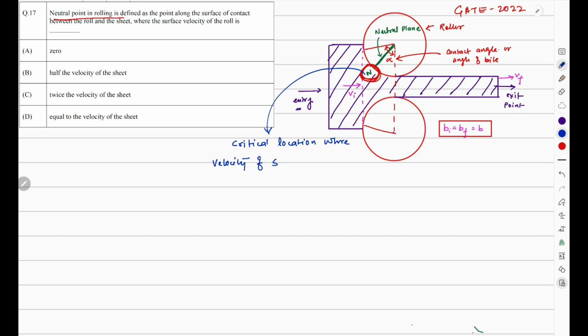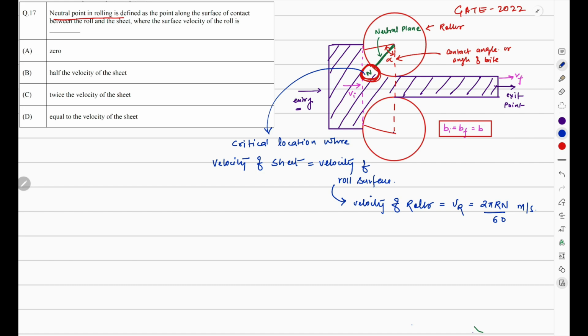Velocity of sheet equals velocity of roll surface. The velocity of the roller may be written as VR equals 2 pi R n upon 60 meter per second.